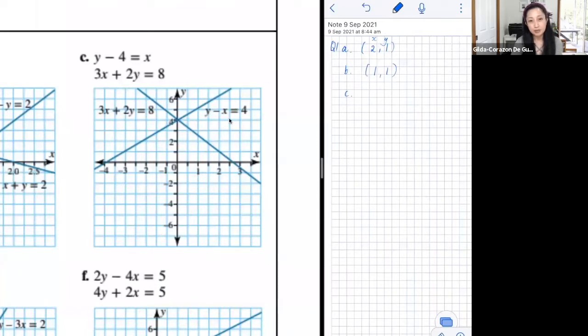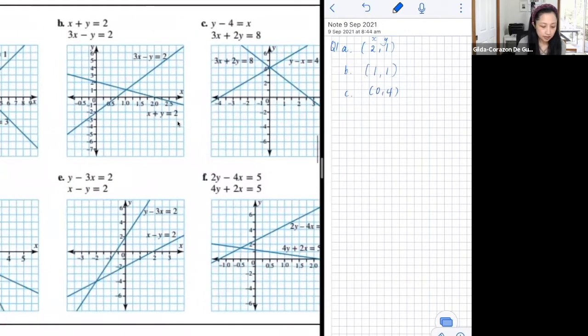But usually you don't want to be confusing yourself if that label is closer to that line or to this one. So there's no confusion about which line is labeled with which equation. Okay, so this is y minus x equals 4, and that's 3x plus 2y equals 8. And the point of intersection would be 0, 4. So you simply write 0, 4. Okay.